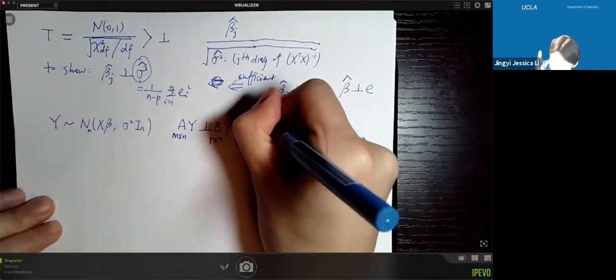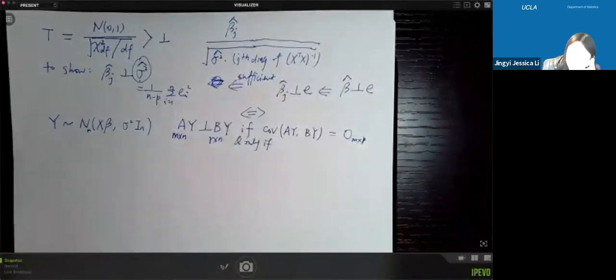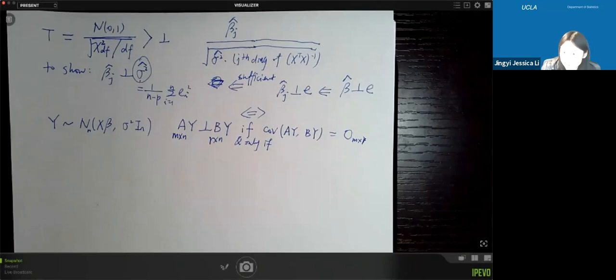or equivalently, this is the important property of multivariate Gaussian. You can use 0 covariance to prove independence. But this doesn't hold in general. If they're not Gaussian, then 0 correlation or 0 covariance does not imply independence, but Gaussian is special.